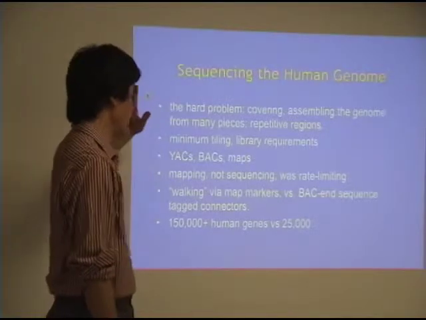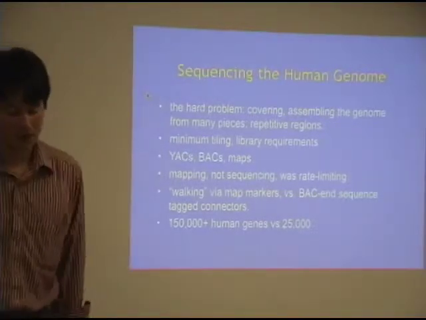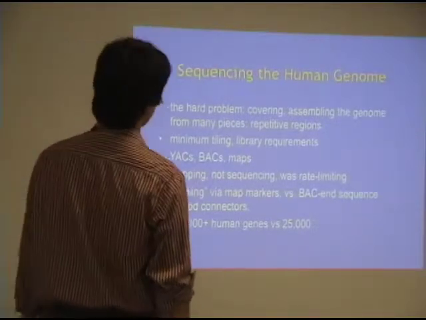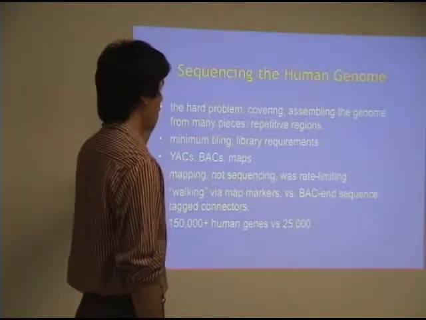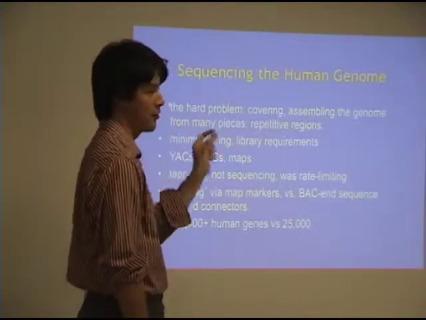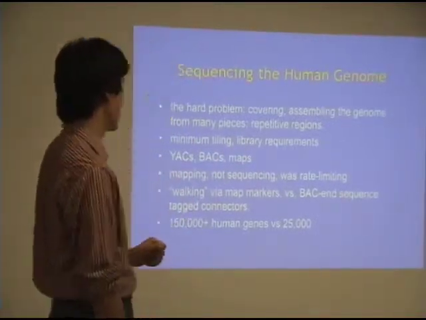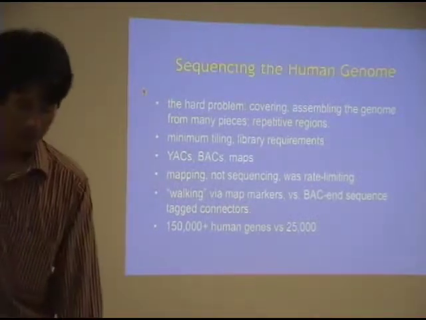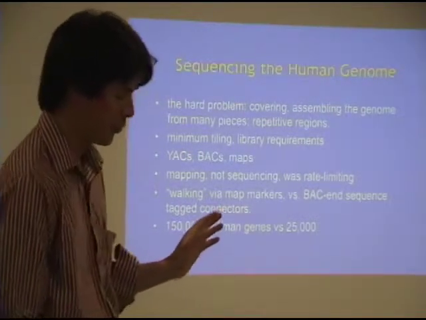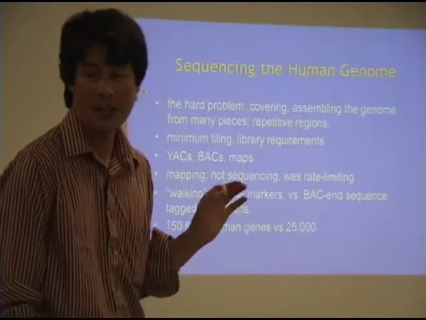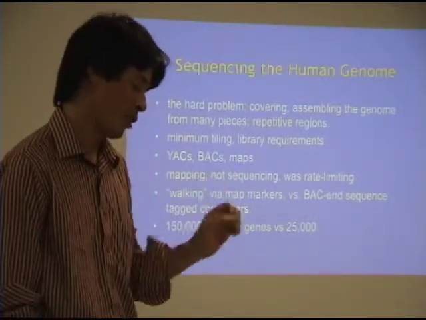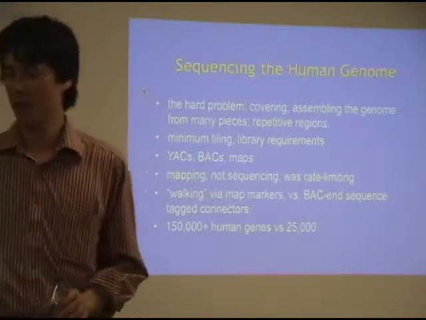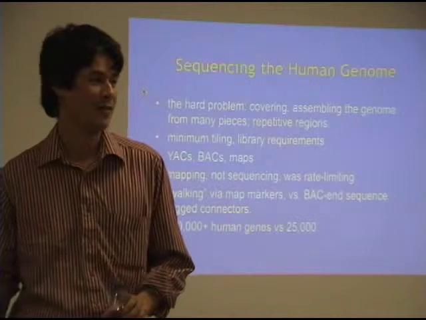Okay, a trivial example of that is the sequencing of the human genome. It was a hard problem: 3 billion nucleotides divided up into all sorts of little pieces. The main thing I want you to take away from the technology used to do the sequencing is that it was relatively inexpensive just to grab a random piece of DNA, put it into the machine, and get sequence out.